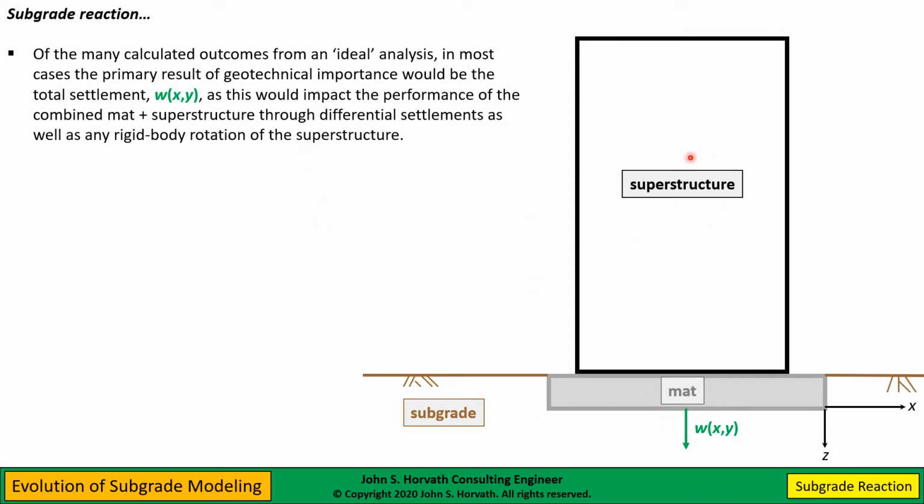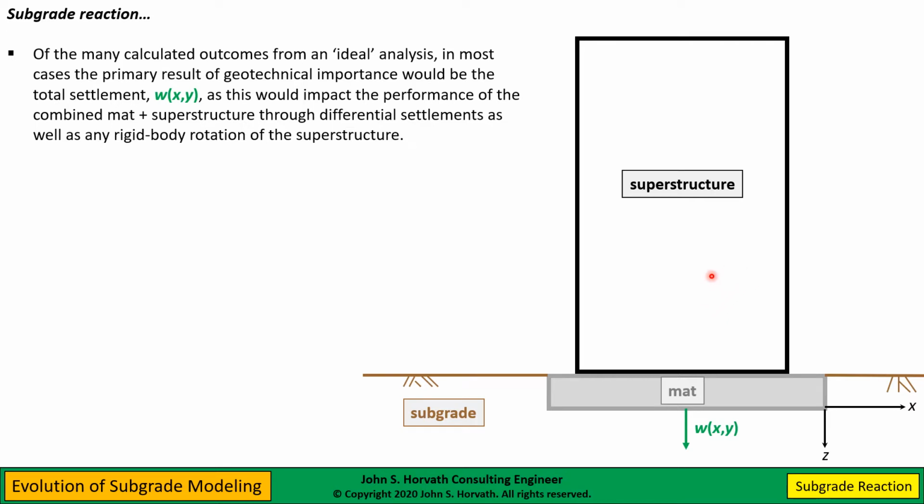Of course, the structural engineers, they would be concerned about the member forces in the superstructure, the moments, things like that in the mat. But from a geotechnical perspective, we'd be most interested in the settlements because certainly we would be interested in the differential settlements of the mat and the superstructure, as well as rigid body rotation.